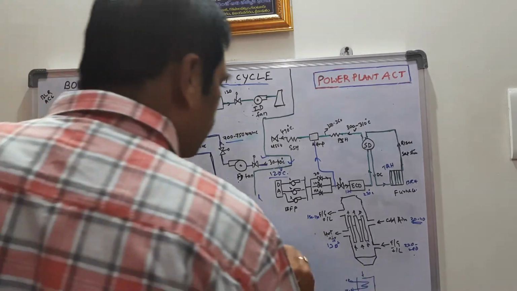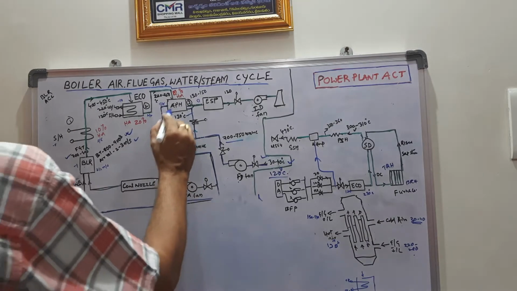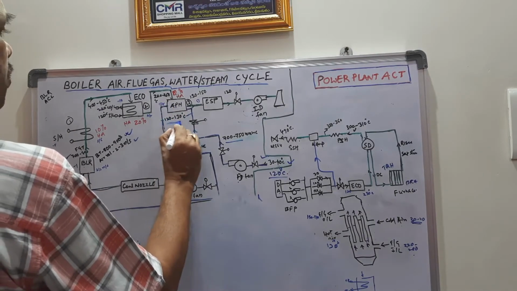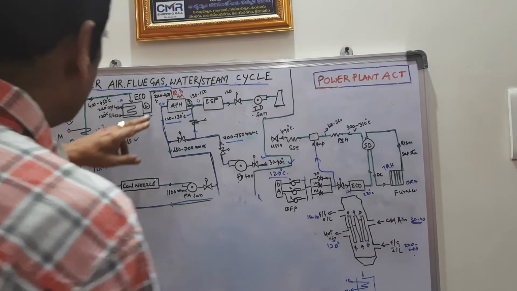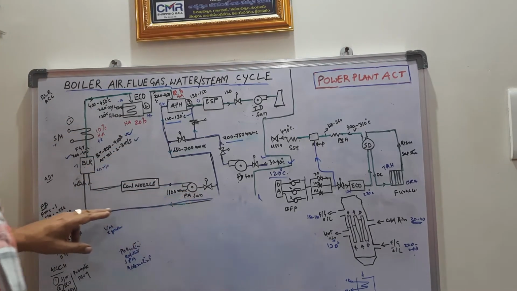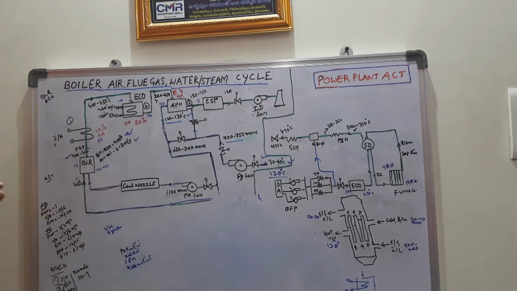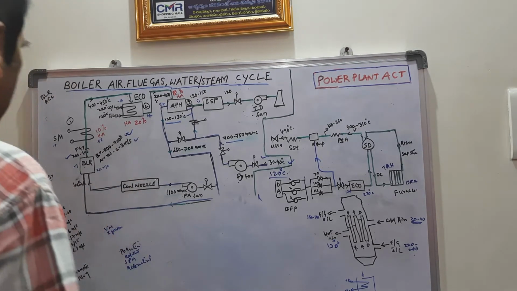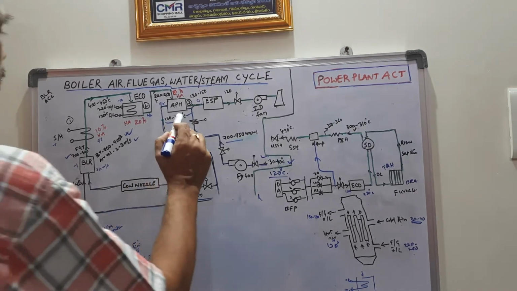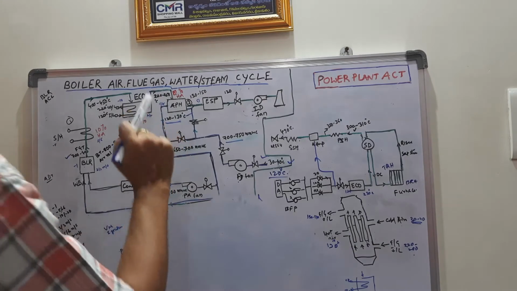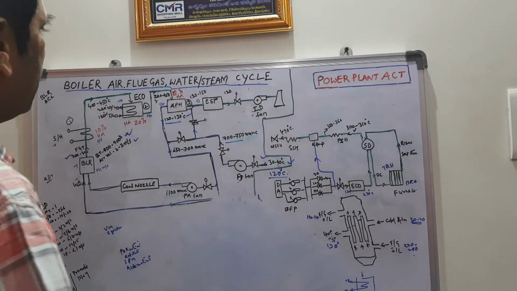Okay, so the temperature of this air, whatever comes out from air preheater, 120 to 130 degree, is very significant, because the coal used in the boiler contains volatile matter, and the ignition temperature of this volatile matter is very particular, around 200 to 250 degree temperature.